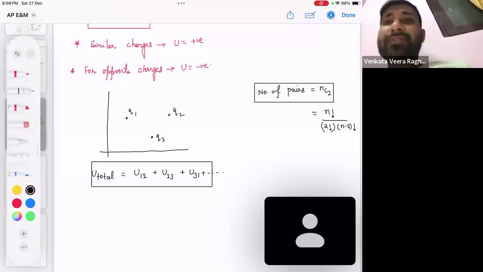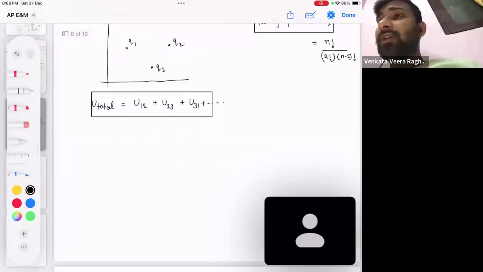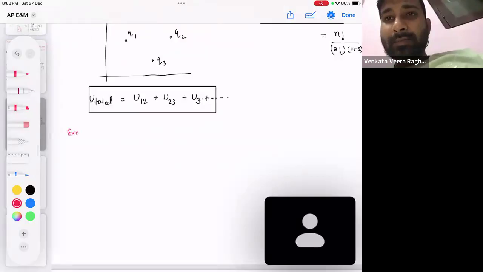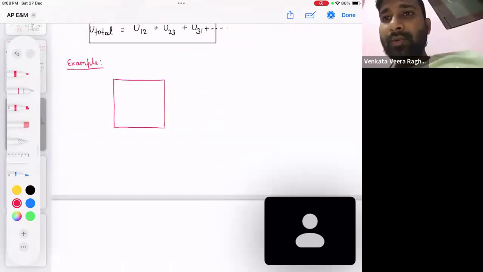So this is the number of pairs. Now let's take an example of calculation of potential energy. Let's see in this example what is given to us. Taking a simple example, tell me what is given in this question. There are four charged particles. All four are equal charges, all positive.